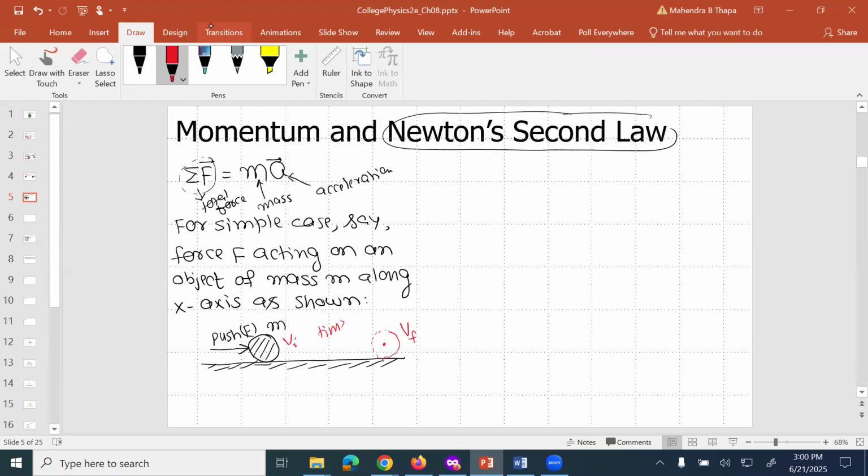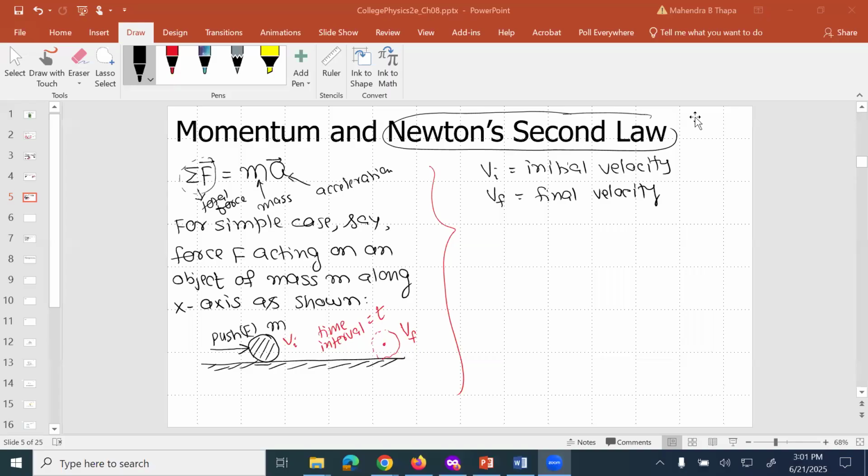The time interval to change the initial velocity Vi to Vf is just t. In this case, we can write Newton's second law as F equals ma, because we have just one external force over here.